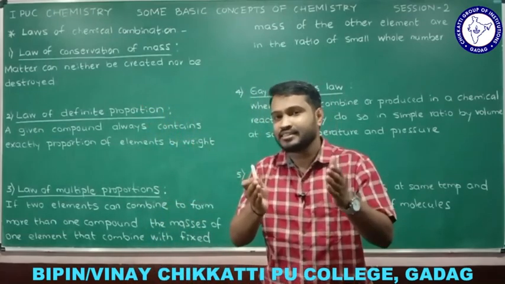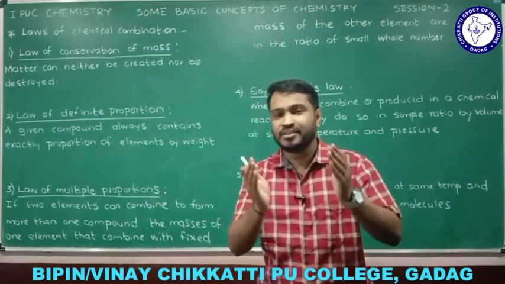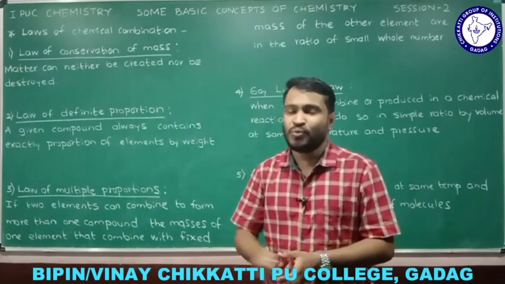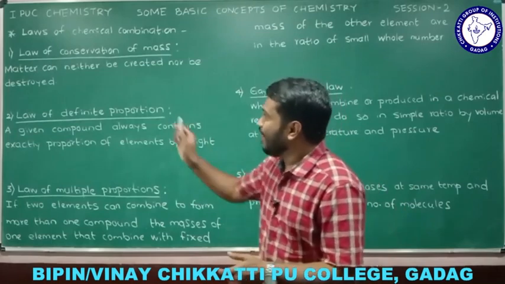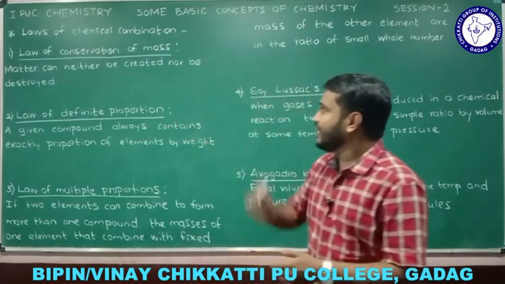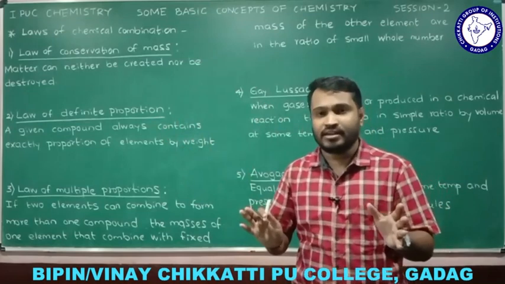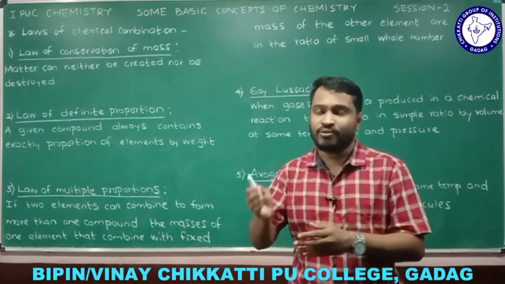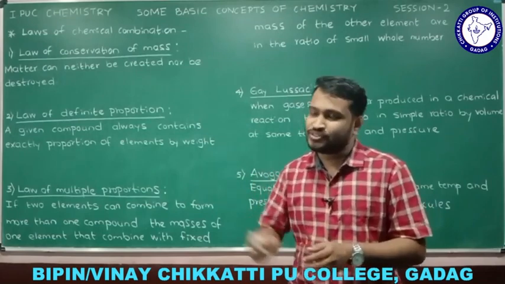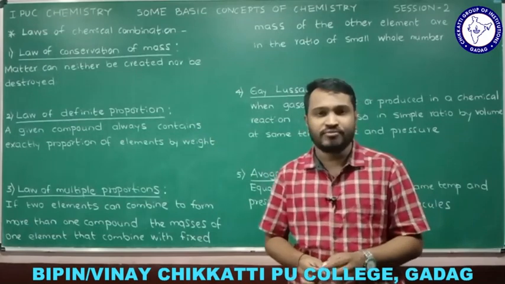As the name indicates, mass is going to be preserved or conserved. So what is the statement given by? Matter can neither be created nor be destroyed. In simple sense, I can say you cannot create matter or you cannot destroy matter also. So that is a statement of law of conservation of mass.